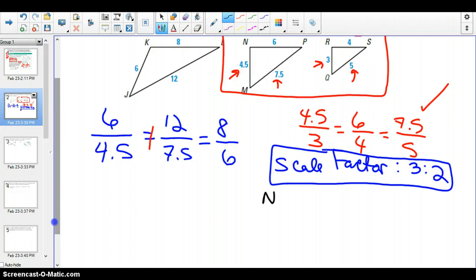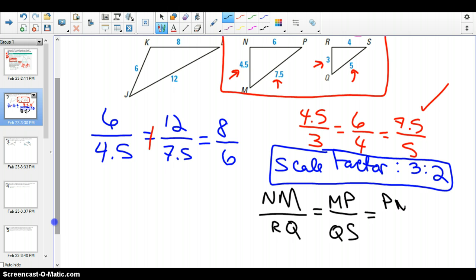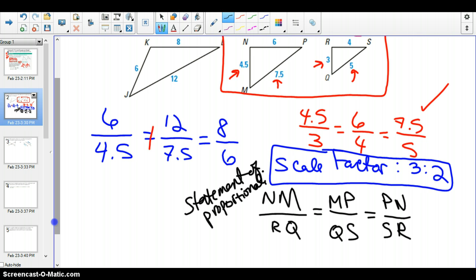So NM is proportional to RQ, and then MP is proportional to QS, and then PN is proportional to SR. This is the statement of proportionality.